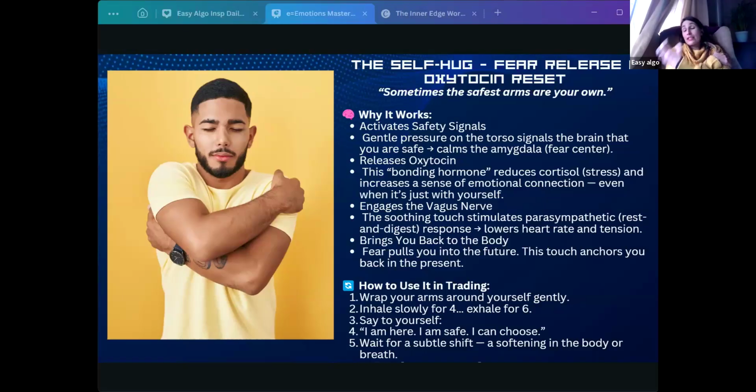It's producing oxytocin, which is our bonding hormone, which dramatically reduces our cortisol and adrenaline super quickly. Like I said, when there's a cortisol spike, so fear and anger spike cortisol, we're going to require a little bit more regulation, a little bit more soothing for those emotions, right? So just spending those 90 seconds, taking a few deep breaths, squeezing ourselves here, maybe a little rock, a little pat.